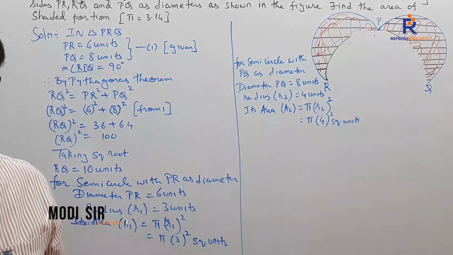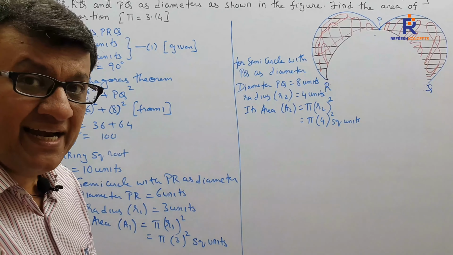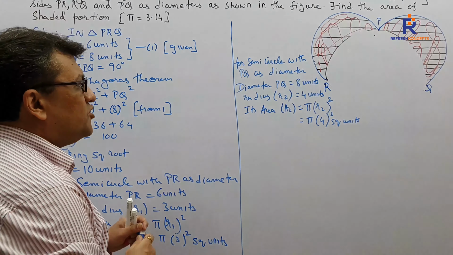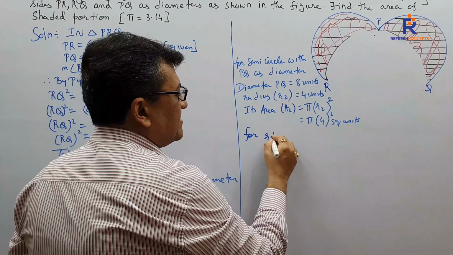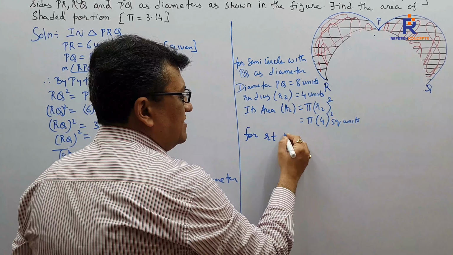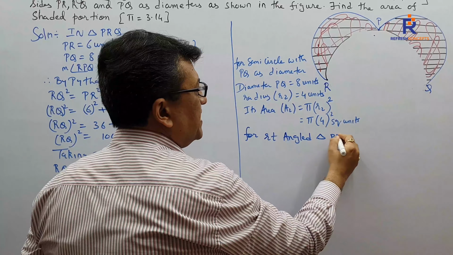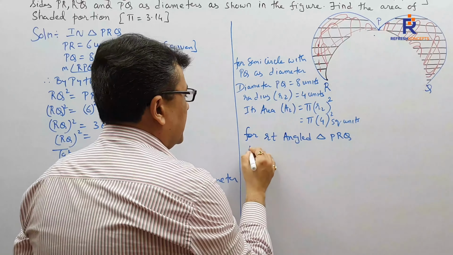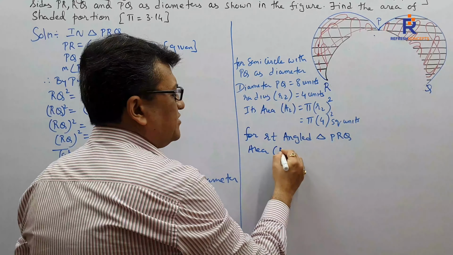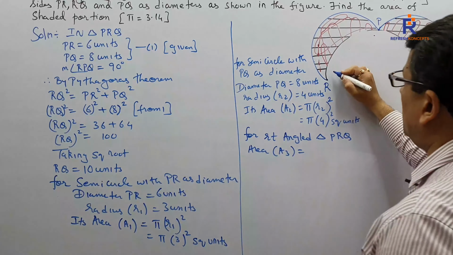Any problem? Right? Thereafter we went for the area of the triangle. What type of triangle is it? It's a right angle triangle. So for the right angled triangle PRQ, area A3 is half into the product of the perpendicular sides. If you want, I can draw once again.